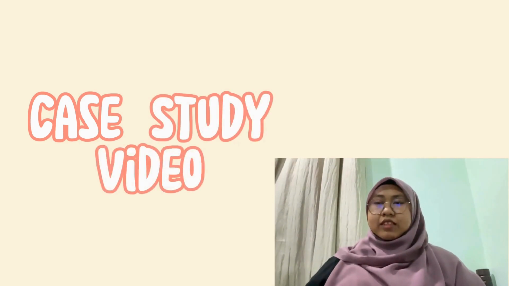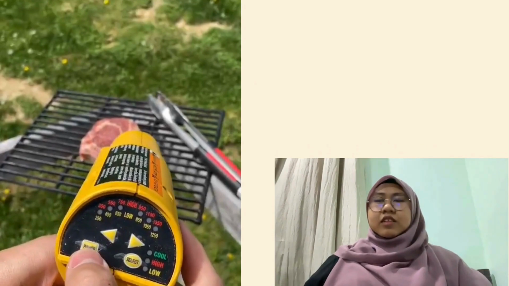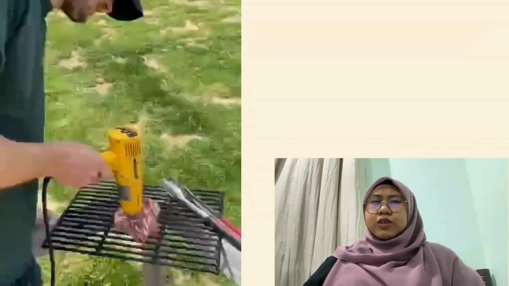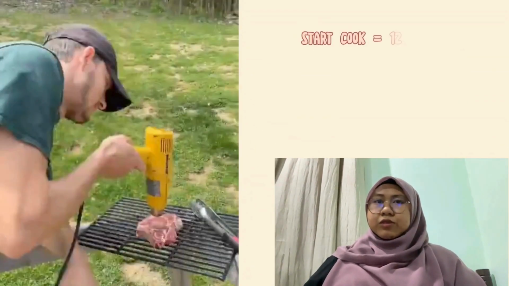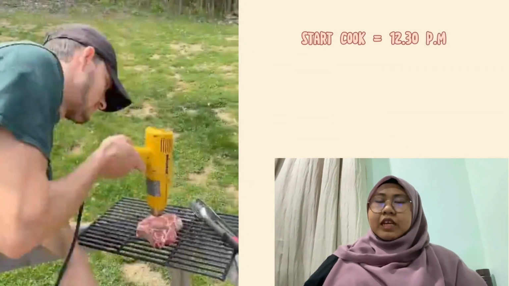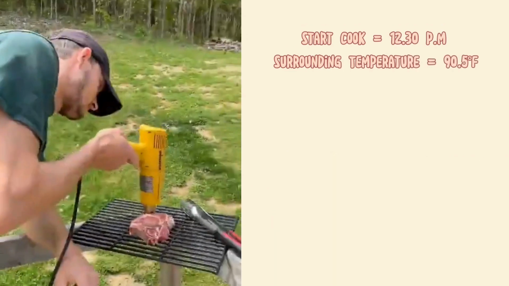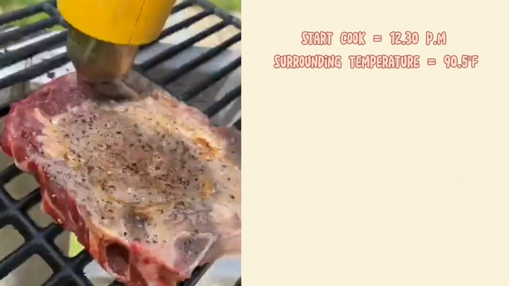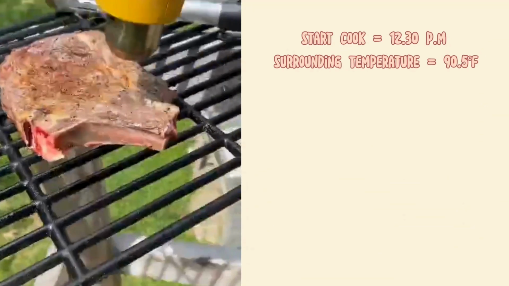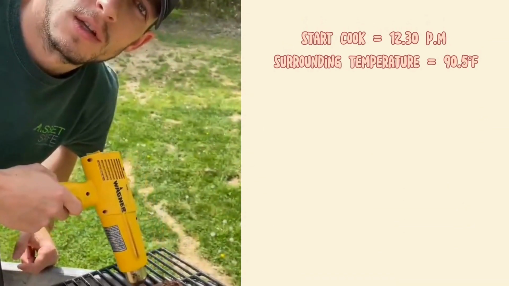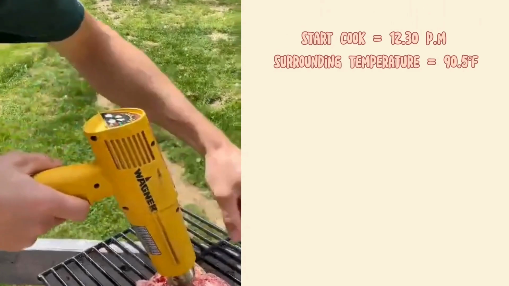This video shows the initial condition before the meat is grilled. If you take a look, the surrounding is in the afternoon. So let us put the time he starts cooking at 12:30 p.m. The surrounding temperature also must be high, and let's say it is 90.5 degrees Fahrenheit. We have a crust on this side, now I'm going to flip it over. Oh, completely raw.